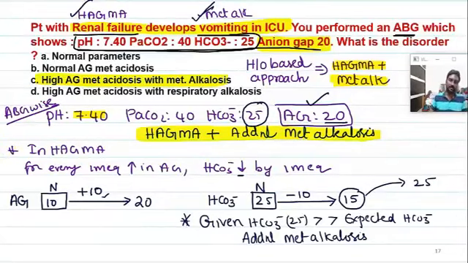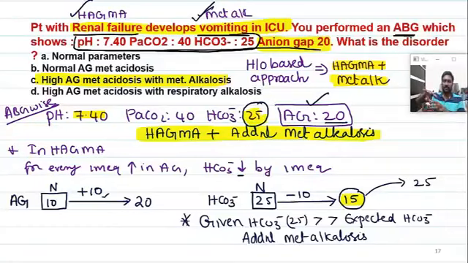So whenever there is a high anion gap metabolic acidosis, always see this relation. Is it a single isolated high anion gap metabolic acidosis? Is there any additional metabolic disorder? In this case, if it was a single high anion gap metabolic acidosis, bicarbonate should have decreased to 15 and it should have stayed there. But in the question, bicarbonate has increased to 25.